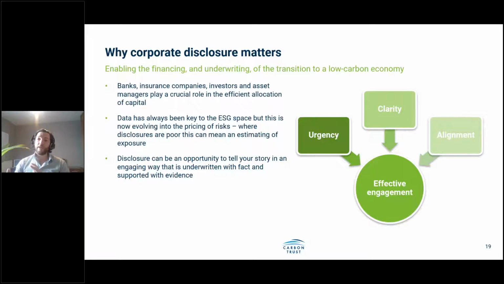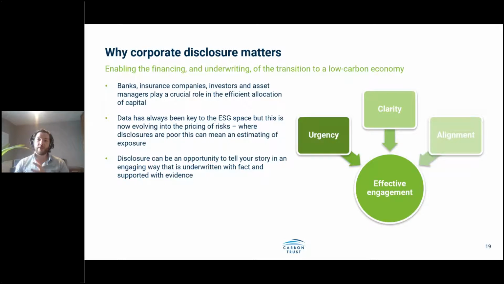And so certainly controlling the narrative through the way in which disclosure is presented, showing that climate is embedded into the way the business thinks, plans, and is building a strategy for a changing future, one that is dominated by climate change, is a critical part of how that disclosure can be leveraged.